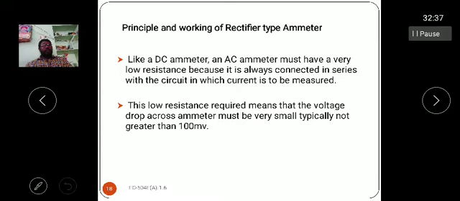That is the first point. The second point is that this low resistance means the voltage drop across the ammeter must be very small, typically not greater than 100 millivolts. These are the two main points.